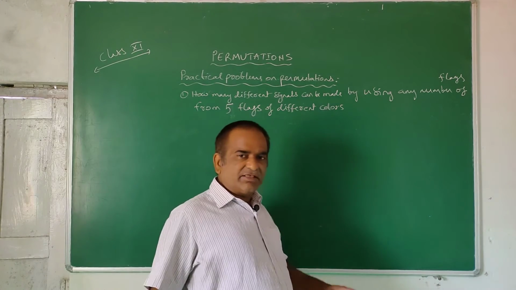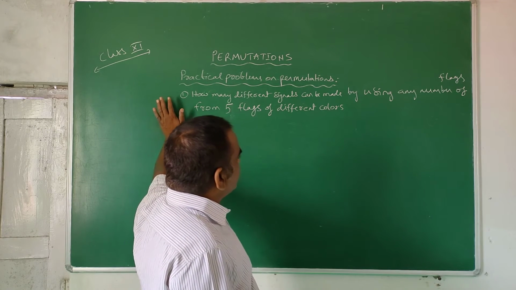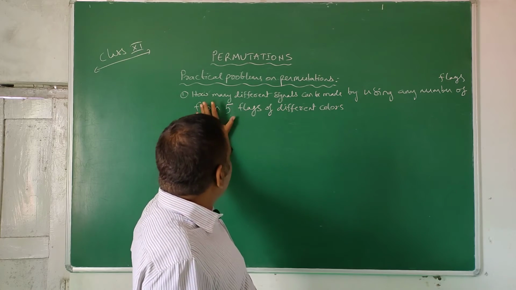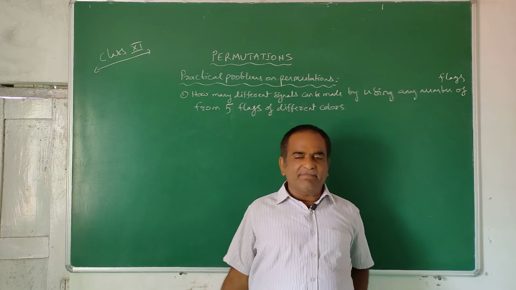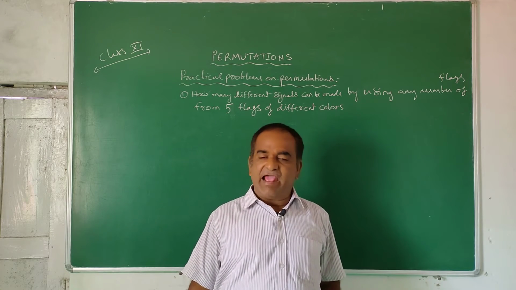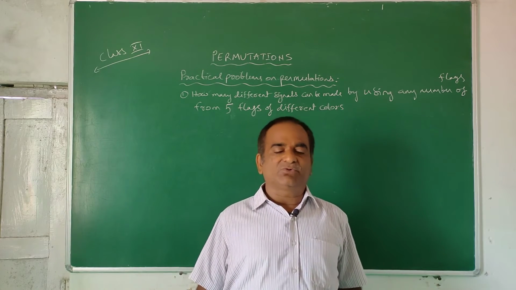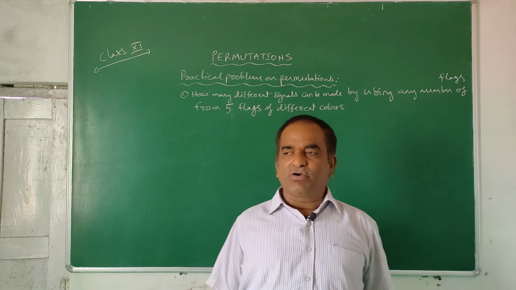Dear students, our next question is, how many different signals can be made by using any number of flags from 5 flags of different color? See, that previous problem and the present problem, though relating to signals and flags, you may see some similarity in the question, but meaning-wise there is a lot of difference.